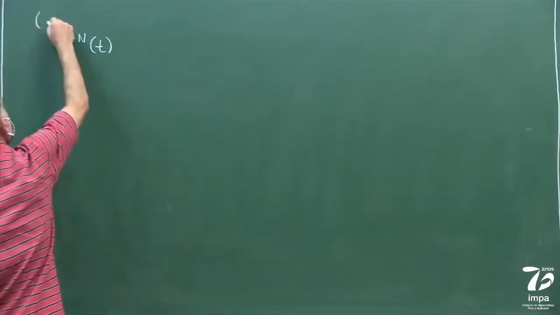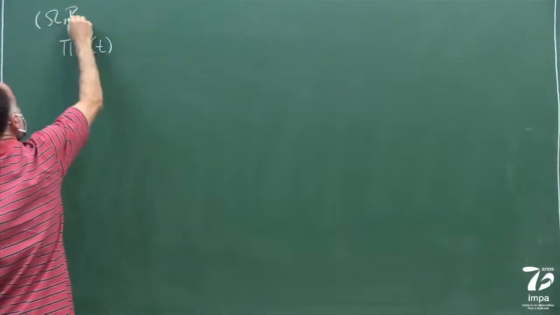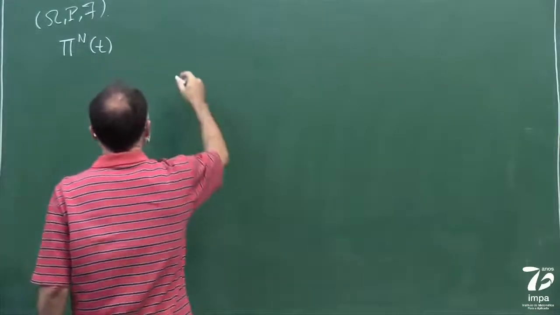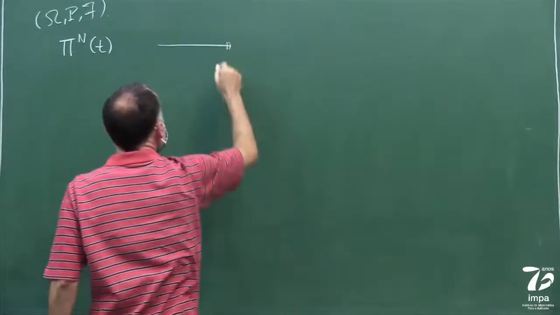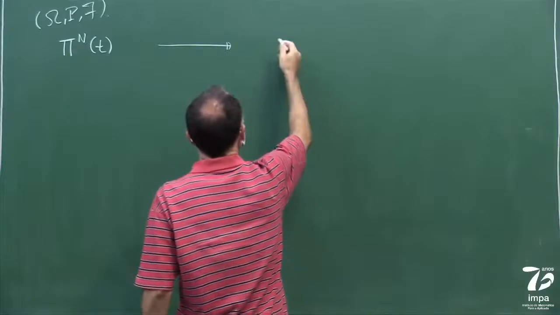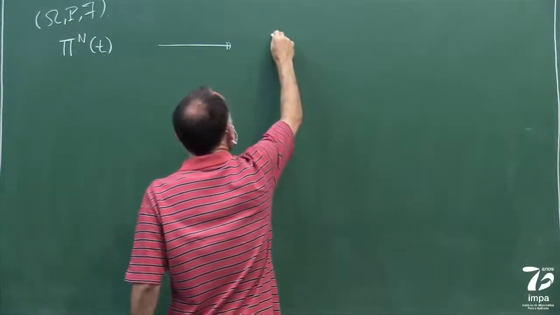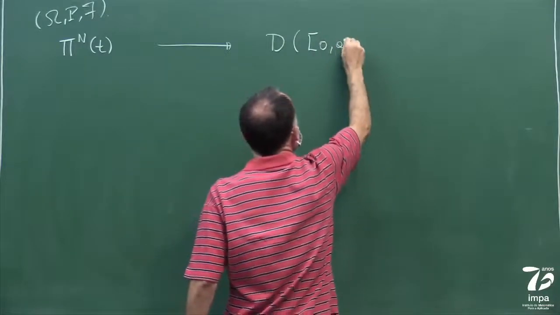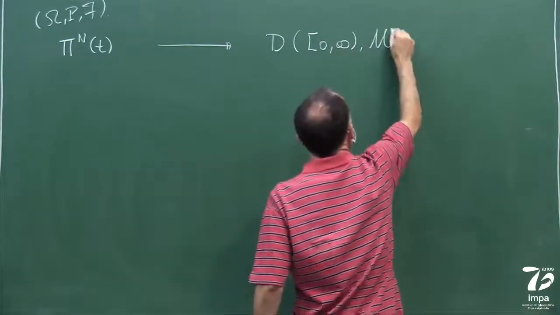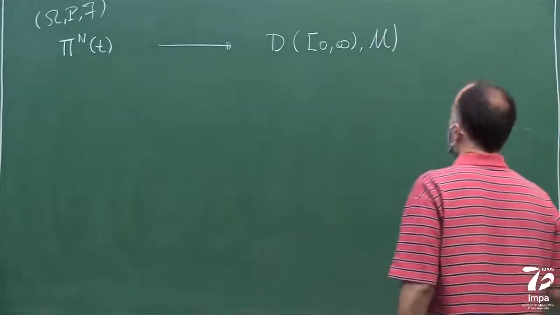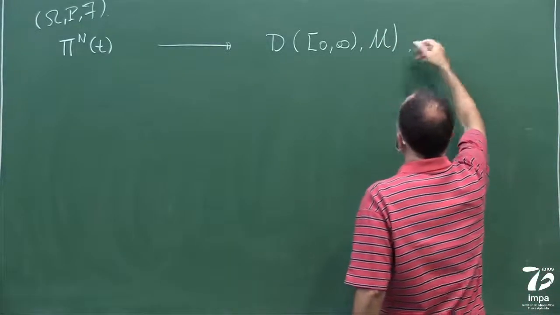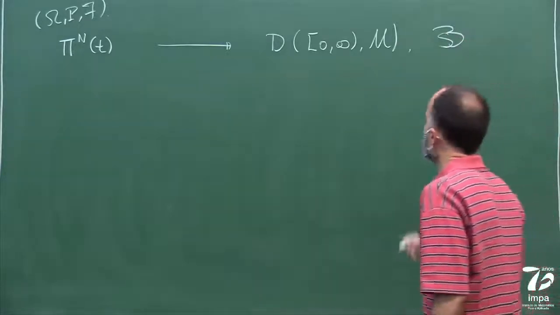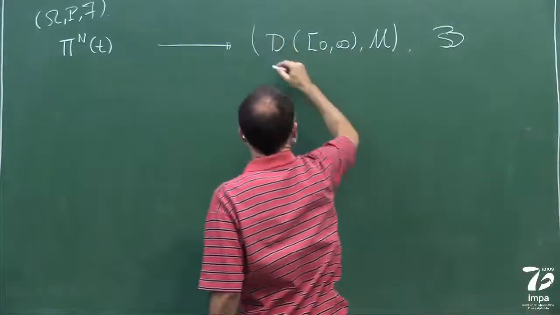Say that this Markov chain is defined in some omega, P, F. So now with pi n, I can construct a measure in the space D([0,∞), M), which is endowed with the Borel sigma field of this space.